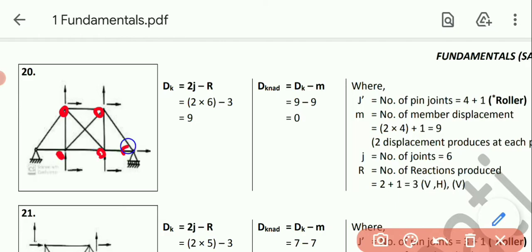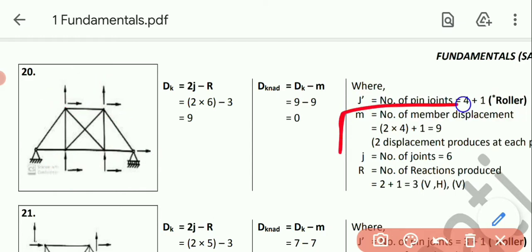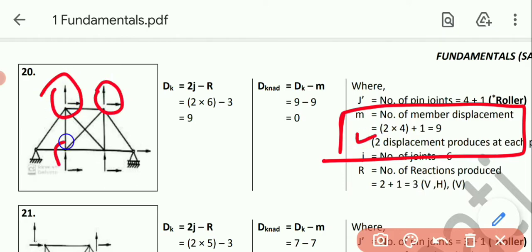And over here, because it is a roller support, 1 pin will be there, so J dash will be 4 plus 1. All 4 pin joints will produce 2 displacements, so 2 into 4, that is 8, plus this one horizontal displacement will be produced at the roller support. So M equals 2 times 4, that is this one, this one, this one, this one, and 1 time horizontal, that is plus 1, that is 9.